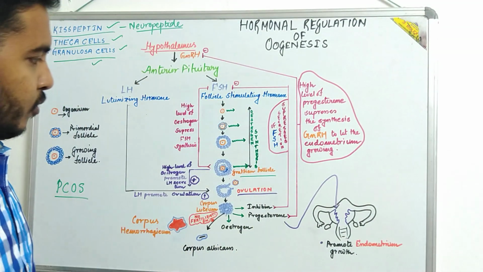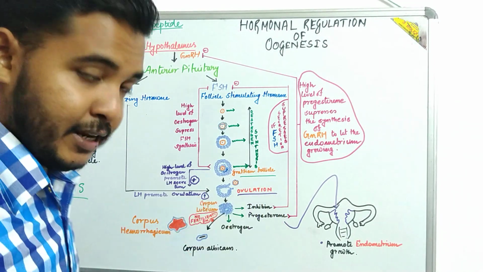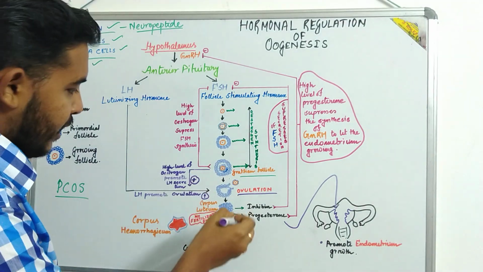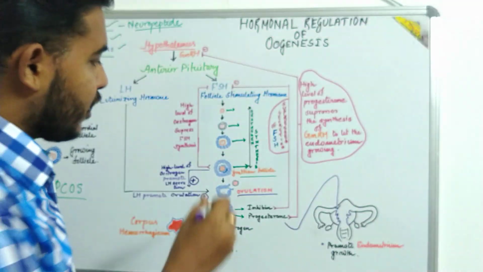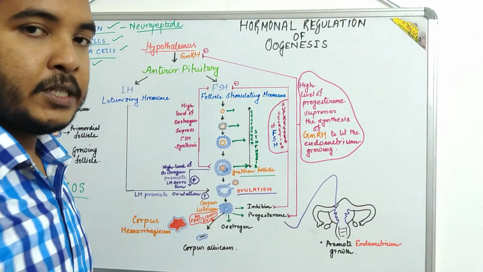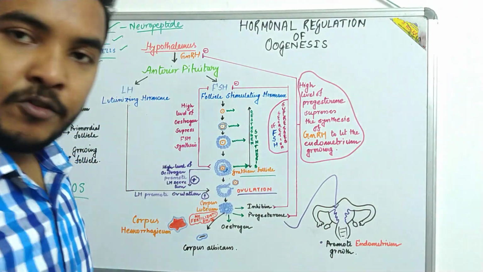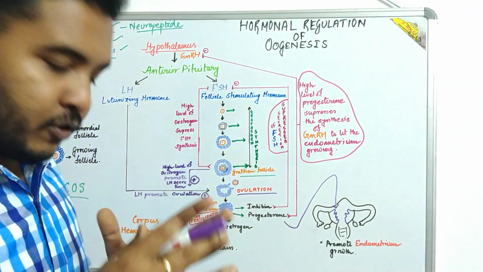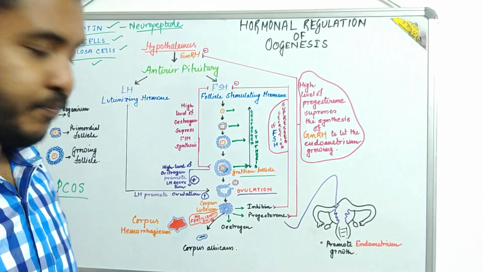Here you can see the Graafian follicle releases the ova and it forms a corpus luteum. But let me tell you one thing, the corpus luteum does not form directly from the Graafian follicle. Just after the release of the ova, the Graafian follicle is filled with blood and produces the corpus hemorrhagicum.